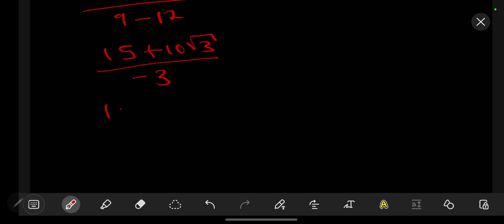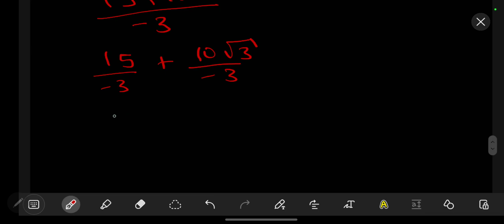This is the same as having 15 over the negative 3 plus 10 square root of 3 over the negative 3, like that. So after doing that, we have 15 divided by 3. This will give us a negative 5. Then this negative will be pushed up there. We have minus 10 over 3, then the square root of 3.